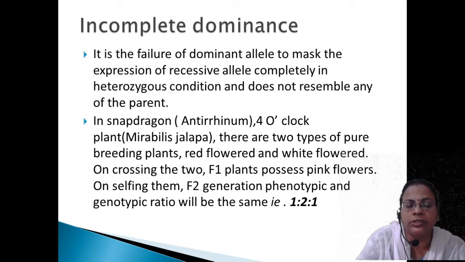The F1 plants produced pink flowers, and this pink does not resemble the red parent or the white. On selfing this F1 pink with pink, in F2 they got 1:2:1, that is 1 red, 2 pink and again 1 white.